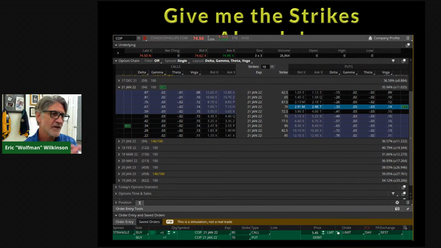It's just a product of these deltas. So really what we're doing is trying to get the cheapest premiums we can. We can't always determine exactly what that premium would be and whether or not $5.45 for this strangle is egregious. Well, we know that those premiums are super cheap, so we know we have to be buying it as cheap as we can.